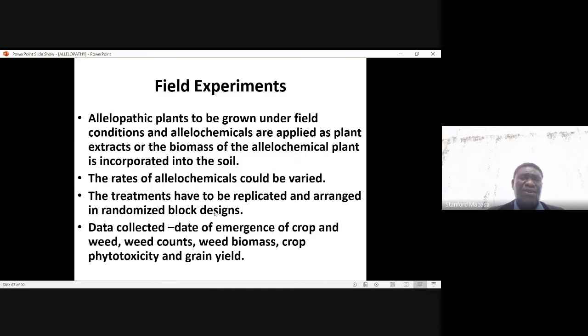Now, you can move on to field experiments. Let's suppose you have noted from your glasshouse work and the laboratory that you have identified some potential plants which are allelopathic. You can test them in the field. You can grow these allelopathic plants under field conditions.